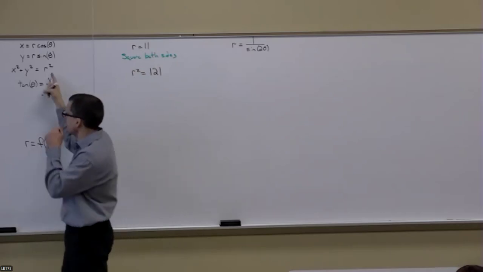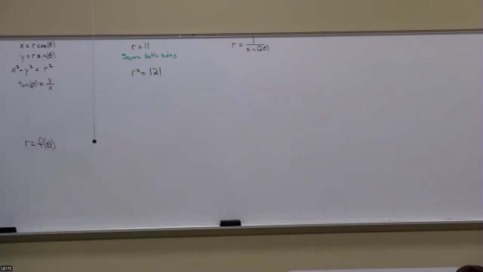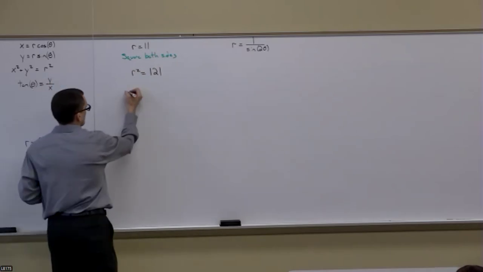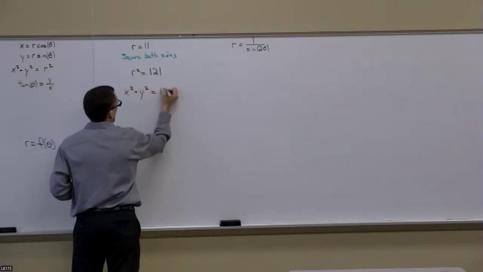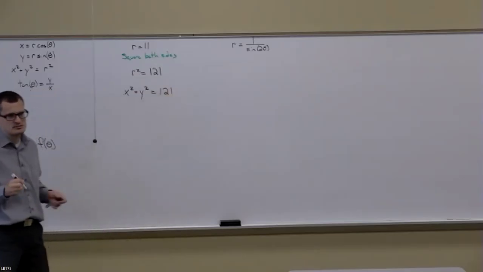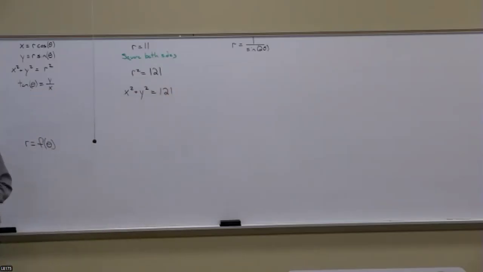And then the r squared can be replaced with x squared plus y squared. So we get x squared plus y squared is equal to 121, which we probably expected because we've seen stuff like that before.